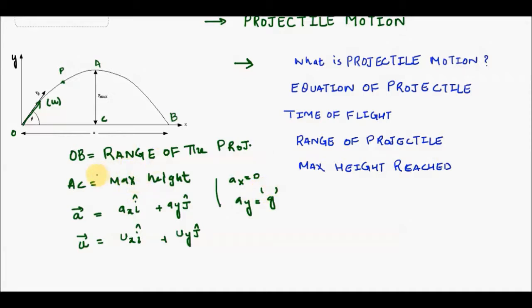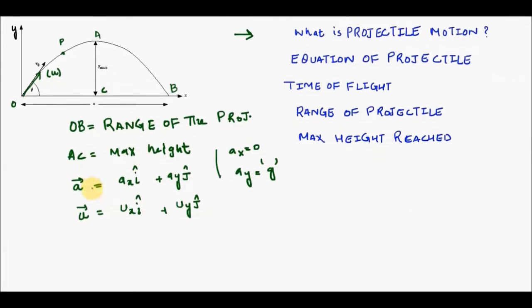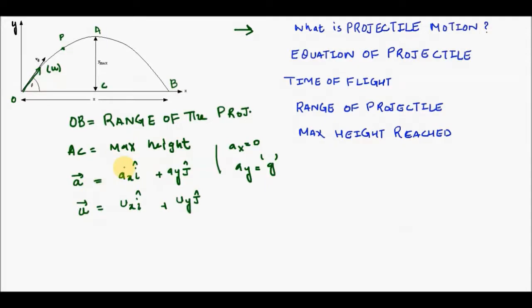Further notice that since acceleration along the x-axis is 0, there cannot be a change in the x component of the velocity. Why? Because we have defined acceleration as the rate of change of velocity.